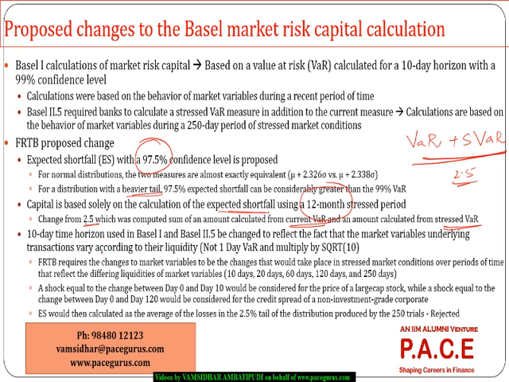But the more interesting part and slightly difficult part is, we know that the earlier model talked about a 10-day time horizon in case of Basel 1 and 2.5. So in general, there was nothing that is varying as per the liquidity. So earlier the model is like 1 day VAR and multiply it by square root of 10.